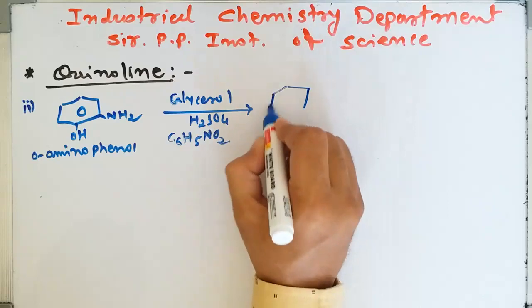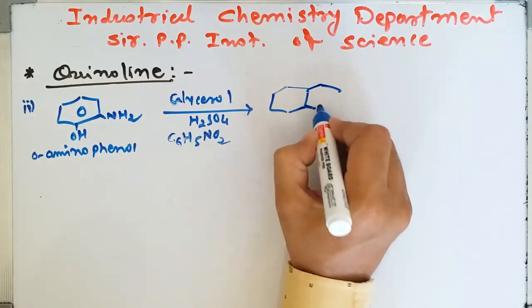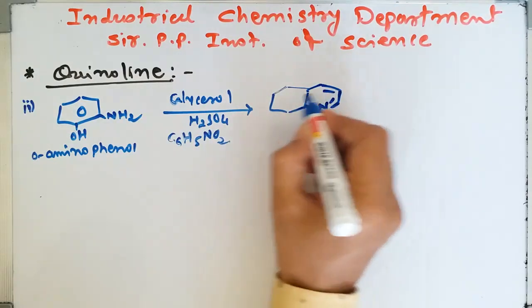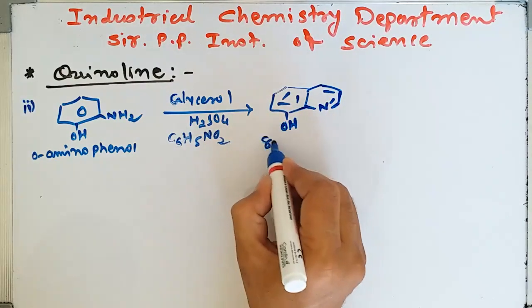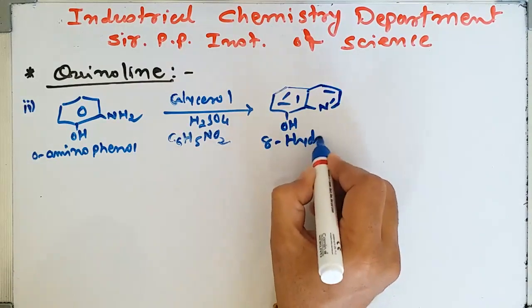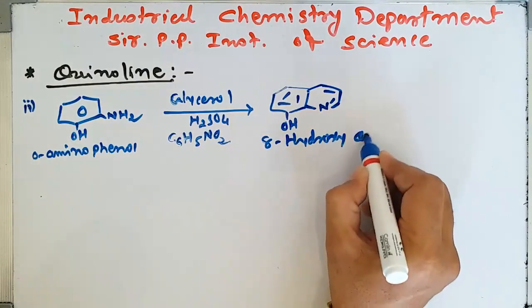So we get a derivative of quinoline, and this is 8-hydroxyquinoline.